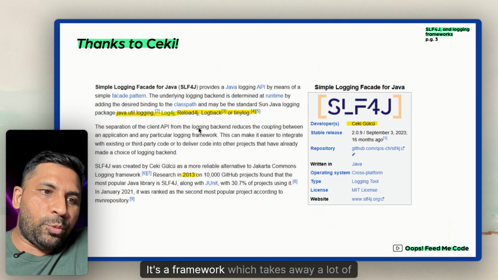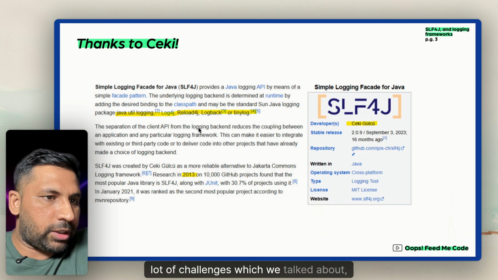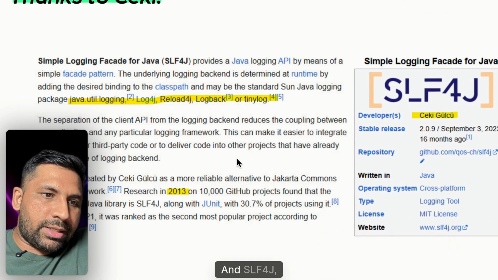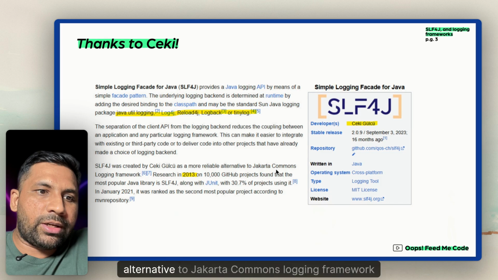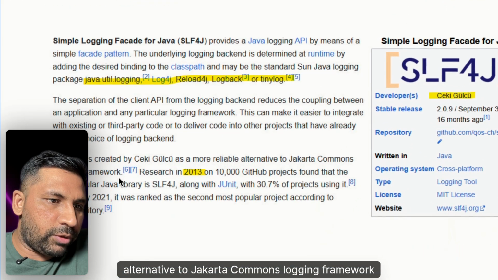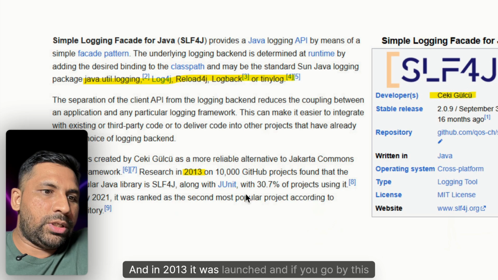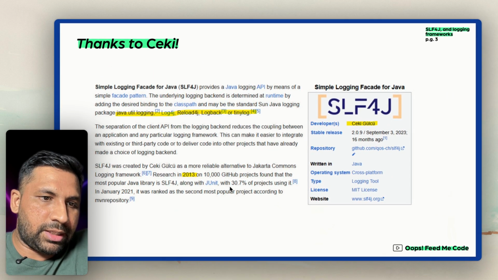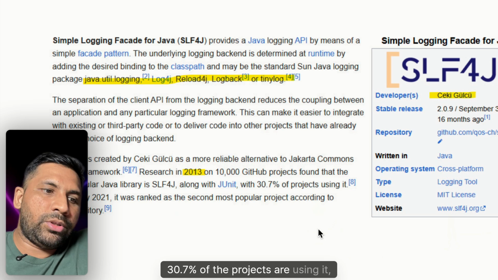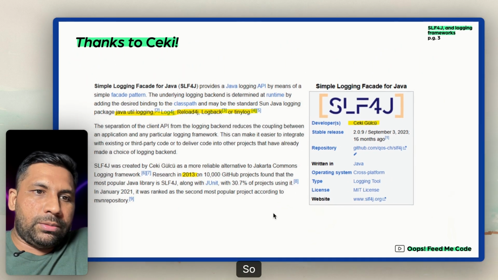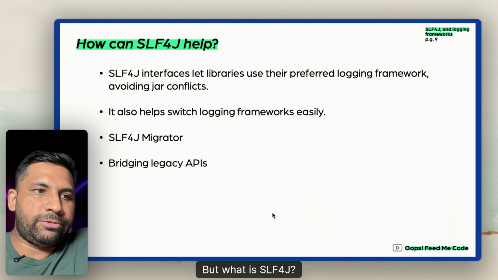It's a framework which takes away a lot of the challenges we talked about. It was created as an alternative to the Jakarta Commons Logging framework, and it was launched in 2013. By these statistics, 30.7% of projects are using it. This is good, but what is SLF4J?